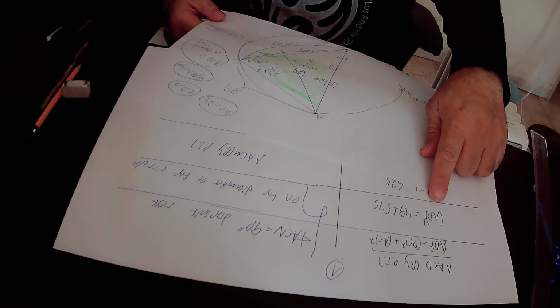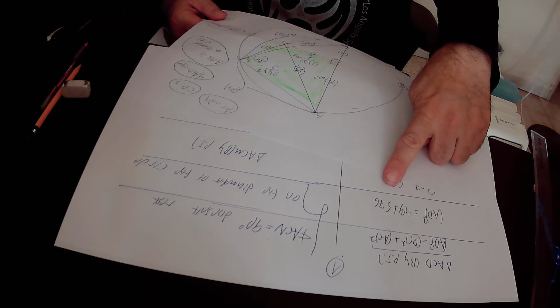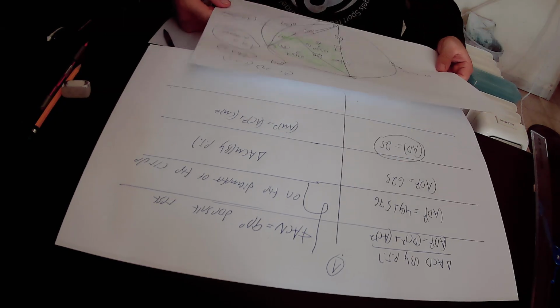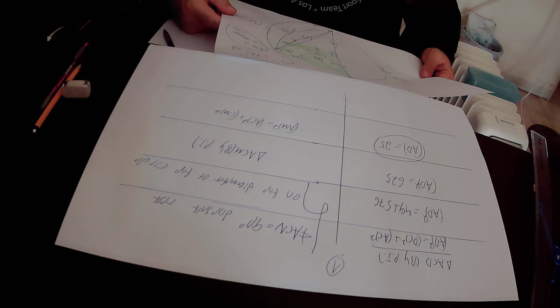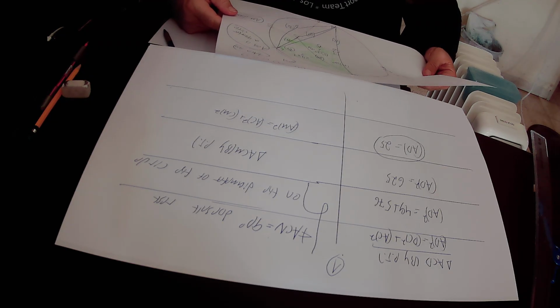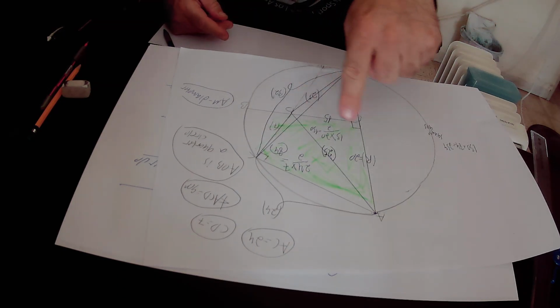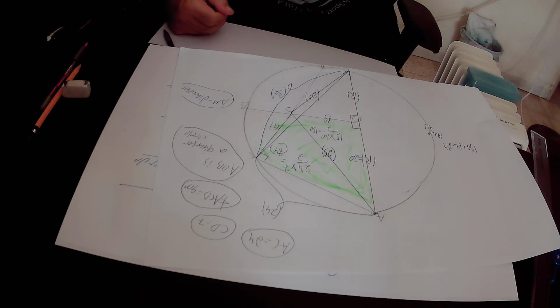So in total, we found that AD square equals 49 plus 576, that is 625. So AD equals the square root of 625. We found that AD, the hypotenuse of this right triangle ADC, equals the square root of 625, that is 25. Okay.